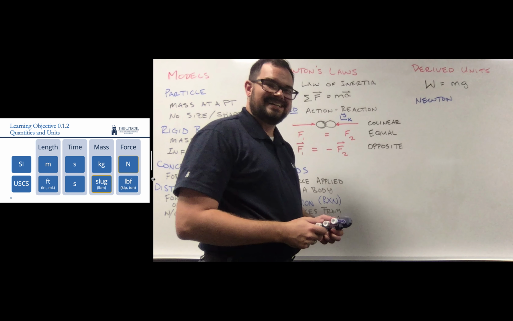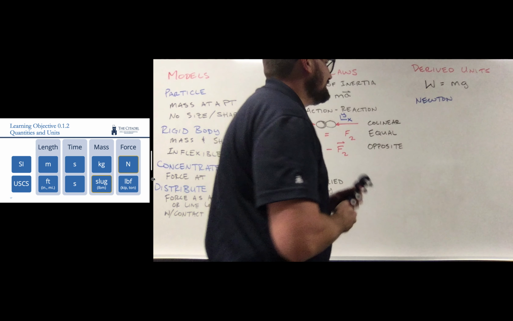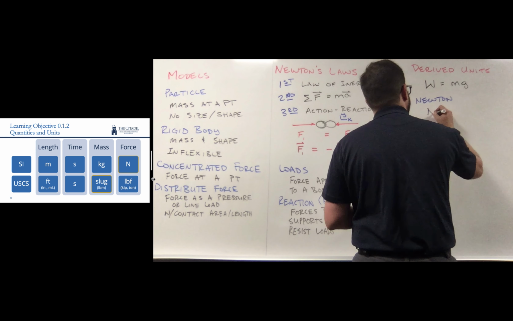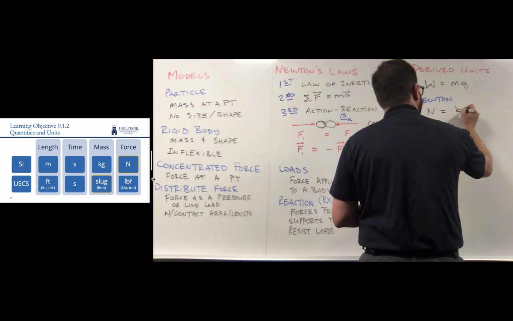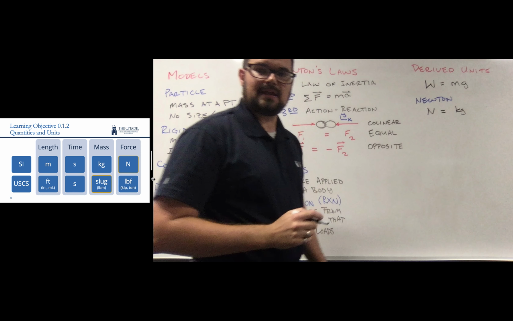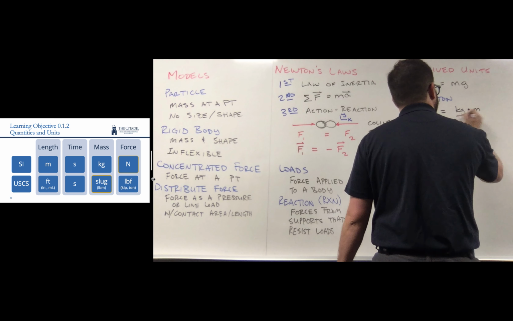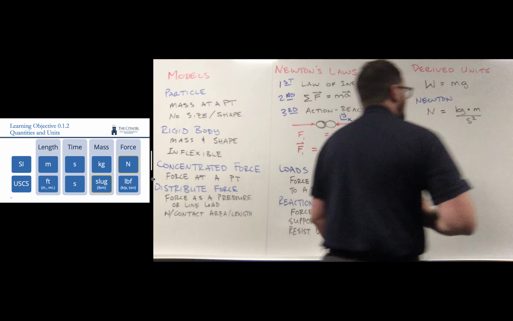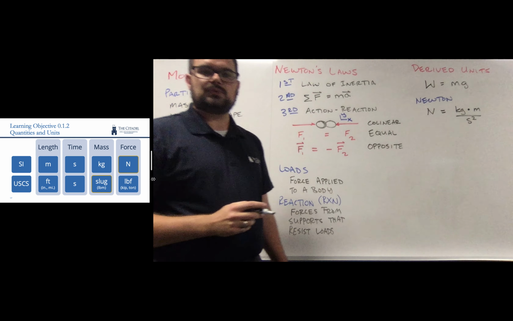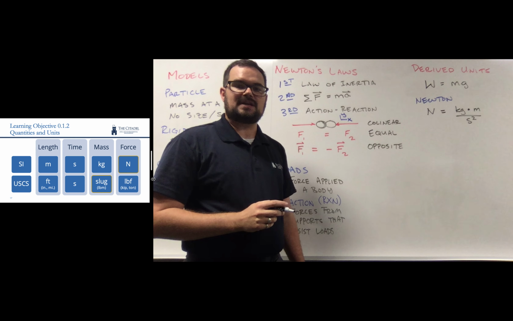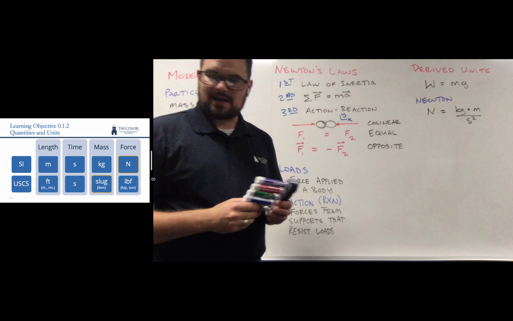With a Newton, we're going to have our weight in newtons, and then we're going to have our mass in kilograms, like so, and then our acceleration in meters per second squared, like so. So 1 Newton is equal to 1 kilogram meter per second squared. That's our derived unit there.